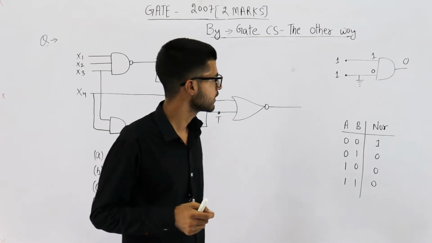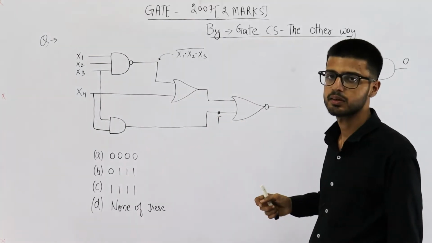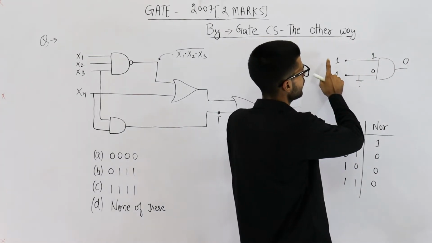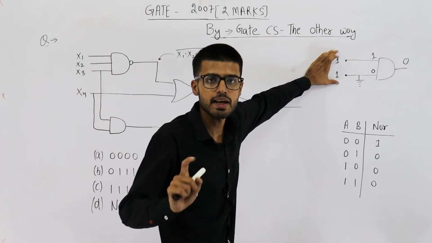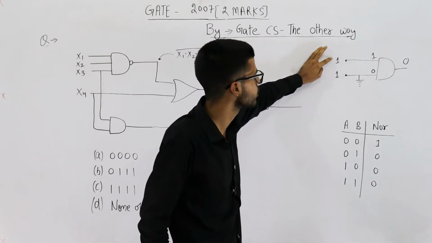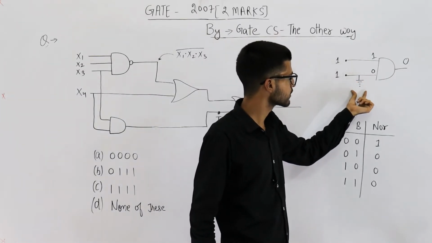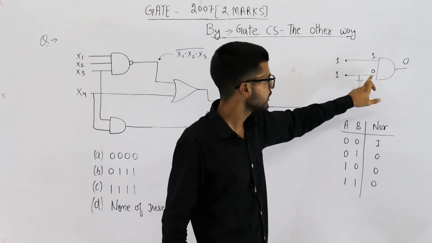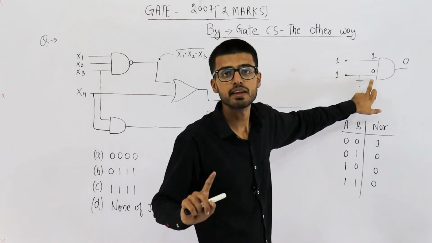Now in my theory lectures, I've already told you that such faults can be detected by changing the inputs. Let us see a small example here. In AND gate, if we apply inputs 1, 1, the expected output is also 1 because 1 and 1 will be 1. But if one of the inputs is always connected to ground, that means for AND gate, that specific input can never be high.